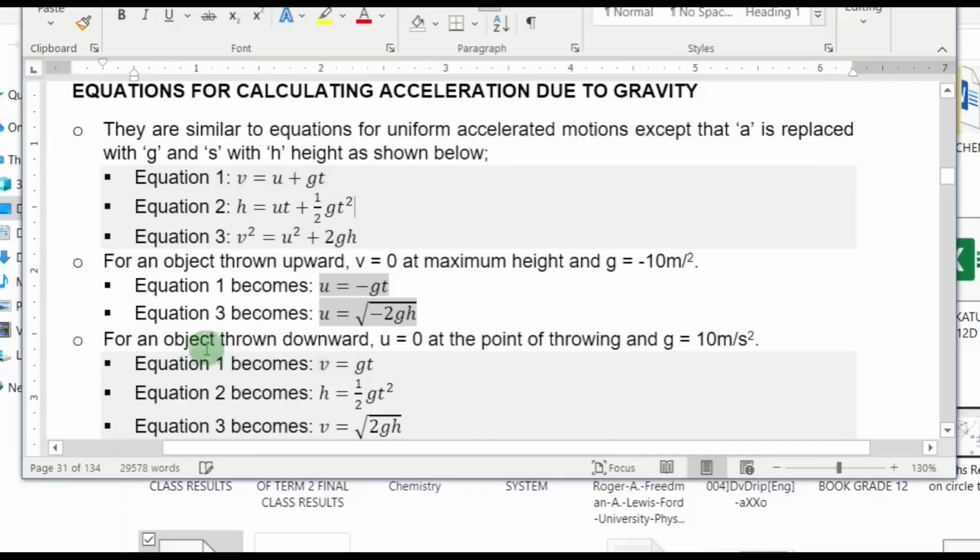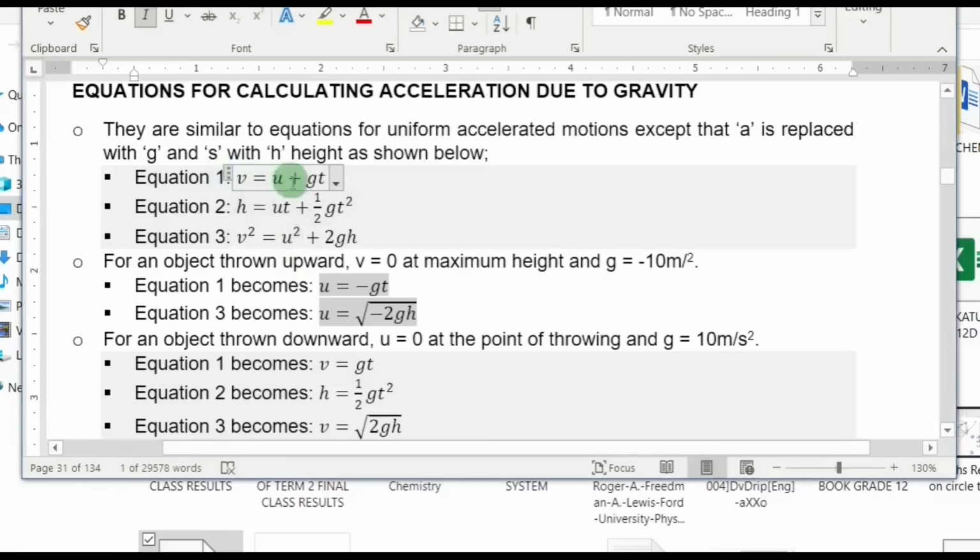Now for an object thrown downward or dropped, it's the same as dropped. So initial velocity becomes 0. So this value here becomes 0. So if initial velocity becomes 0, then all these formulas change.